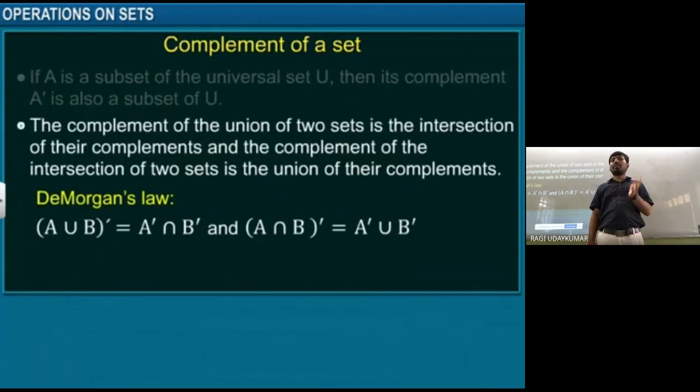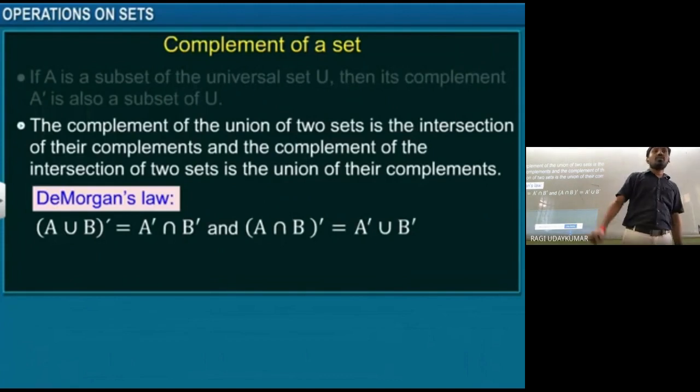The complement of the union of two sets is the intersection of their complements, and the complement of the intersection of two sets is the union of their complements. See, everyone has to concentrate a little here, these are called De Morgan laws.